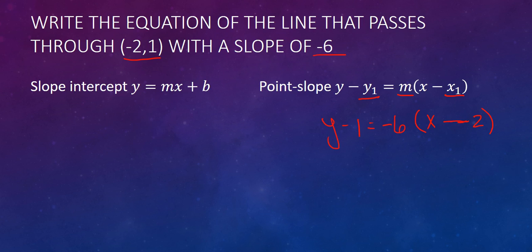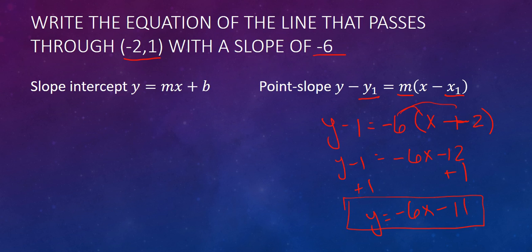So minus negative makes that a +2. Distributing the -6, I get -6x minus 12. Add 1 to the other side. I get y equals -6x minus 11. So hopefully you got that correct.